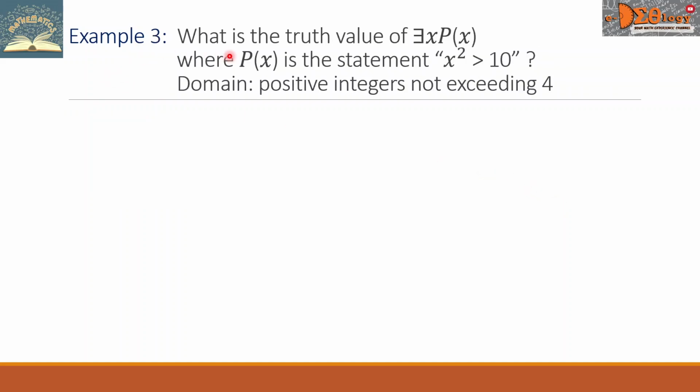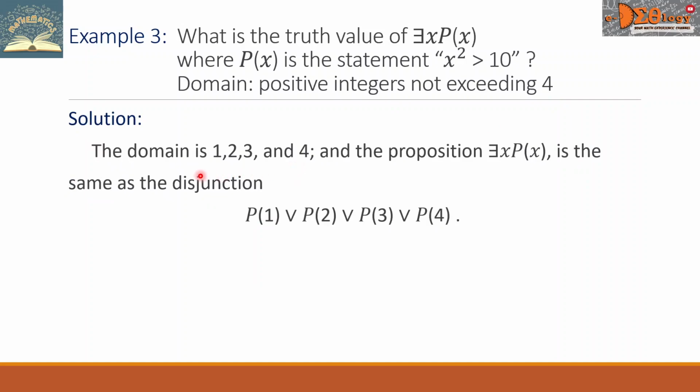Example 3. What is the truth value of for some x p of x, where p of x is the statement x squared is greater than 10? The domain here is the positive integers not exceeding 4. The domain is 1, 2, 3, and 4.